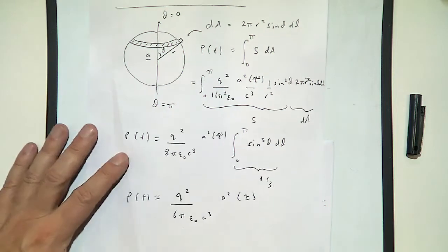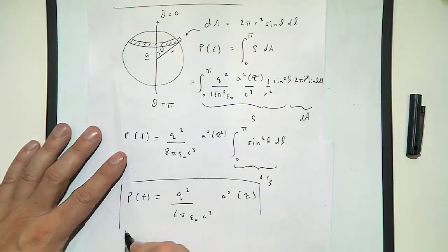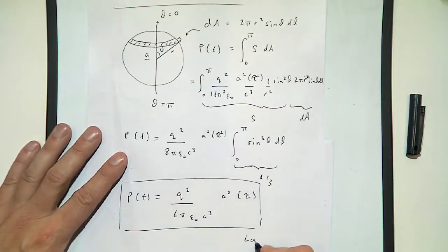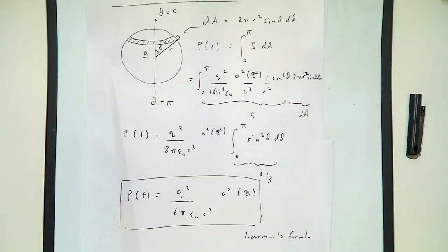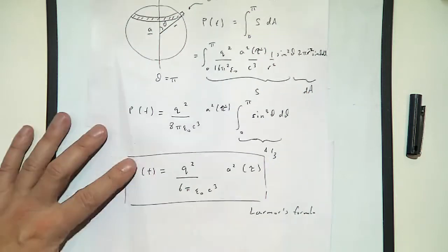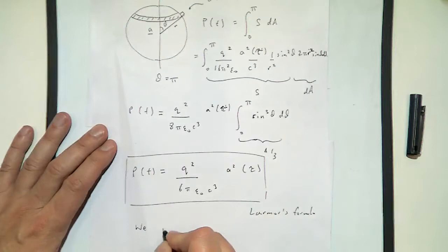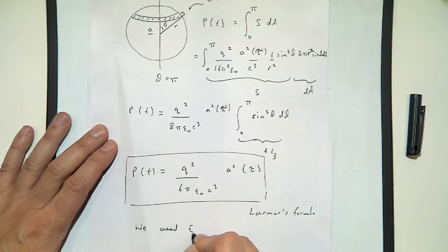So this is Larmor's formula. So this is basically the entire course. Okay, we're going to look at the consequences of Larmor's formula, and we're also going to look at the relativistic generalization. We're going to start looking at what happens when we have very rapidly moving charges, when relativity comes into play. Okay? And we used Edward Purcell's method to obtain it, okay?